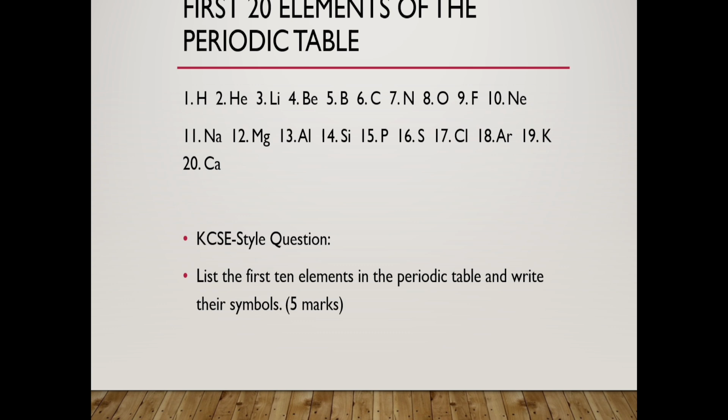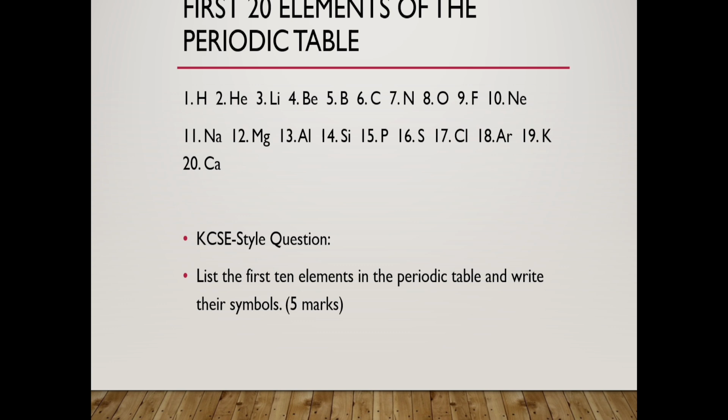Now we have the first 20 elements of the periodic table. Now we are entering the periodic table. You'll have to pardon me because I don't have any diagram to represent it, but inshallah in the next class I'll try my best to show you the periodic table itself.